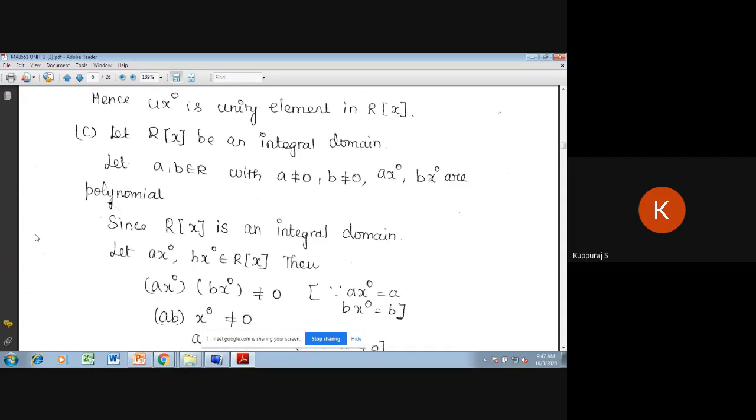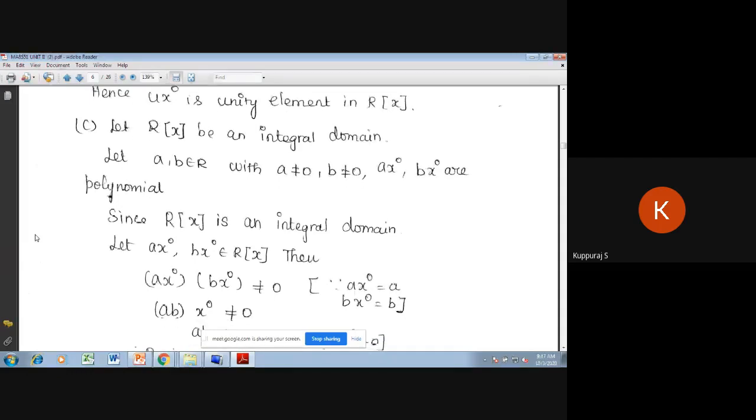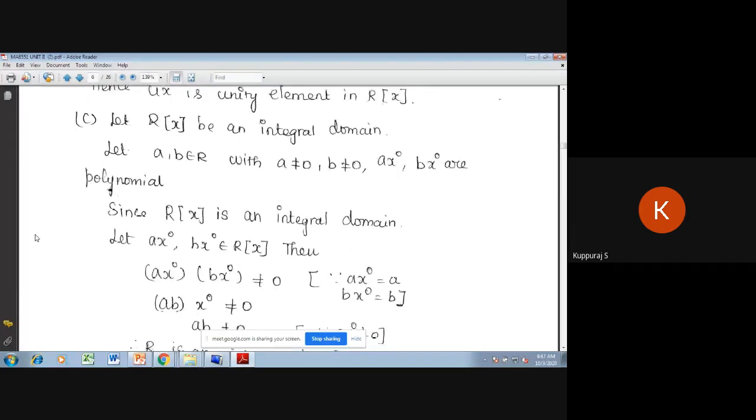Look at the left hand side: a into x power 0 times b into x power 0. You multiply the real numbers, so a into b, then x power 0, which means 1. So we get ab into x power 0, which is not equal to 0.